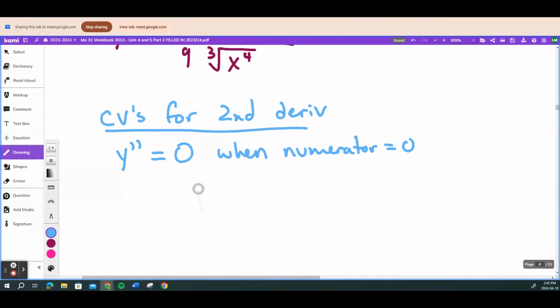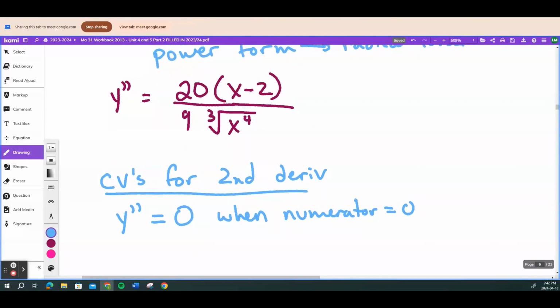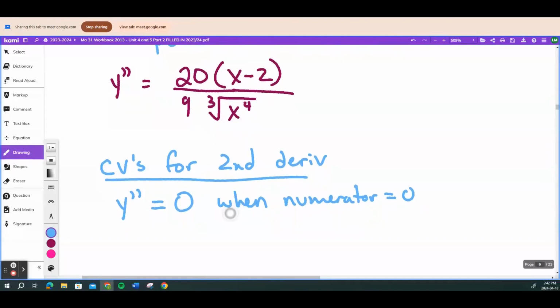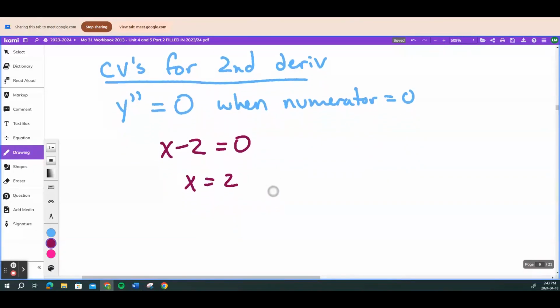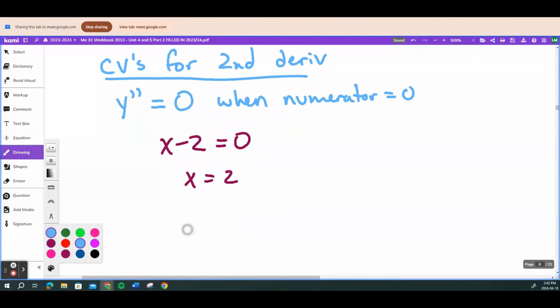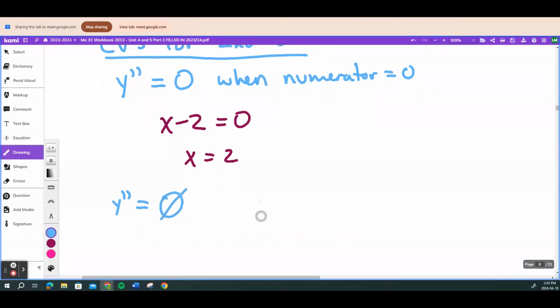So I'm mostly going to focus on the factors that have a variable in the numerator. So we're just going x minus 2 is equal to 0, which when we isolate for x is x equal to 2. And then the other critical value will be when our second derivative doesn't exist.